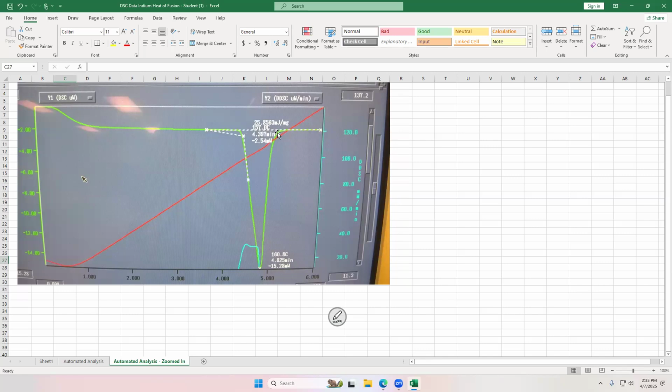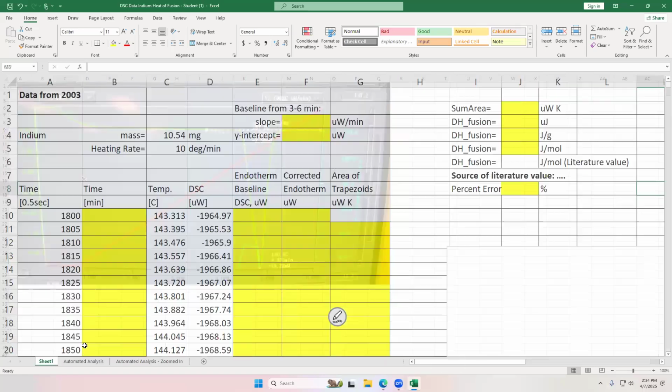So the area between that white baseline and the green curve is the heat of fusion. The area of the endotherm is 25.8563 millijoules per milligram. And we should be able to get more or less that number if we do our analysis of the data in this Excel sheet.